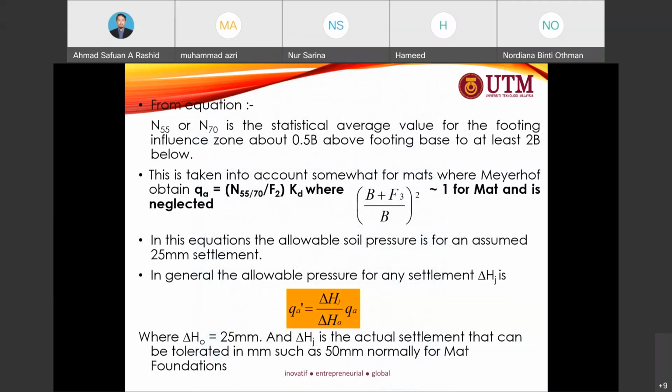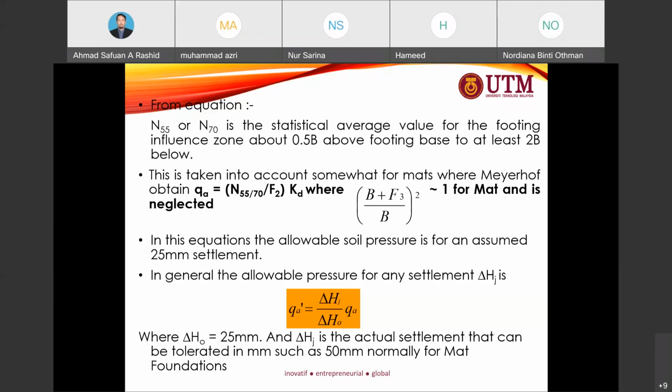This is taken into account in some formats, where Meyerhof obtained QA equal to N55 or N70 over F2 times KD, where (B plus F3) over B, to the power of 2, is approximately equal to 1 and is neglected. In this equation, the allowable bearing pressure is for an assumed 25 millimeter settlement. In general, the allowable pressure for any settlement is delta H_j over delta H naught times QA.